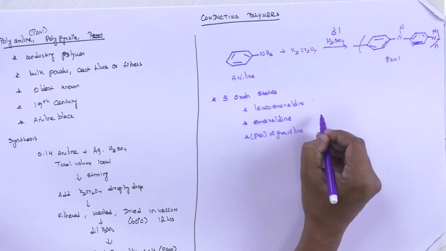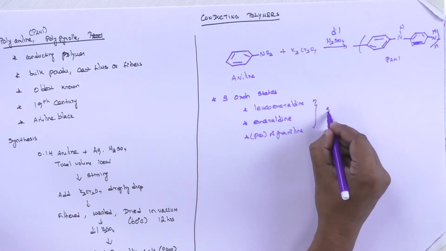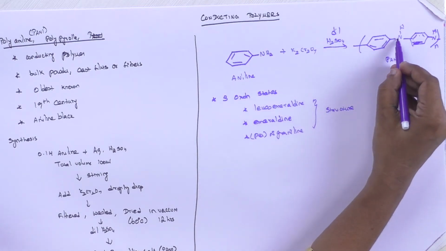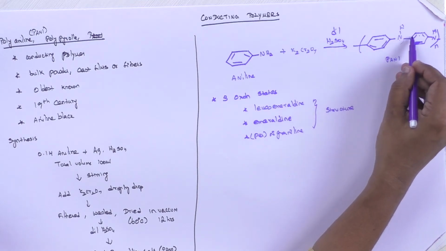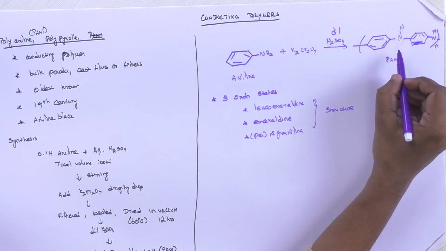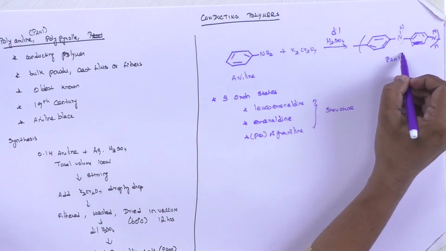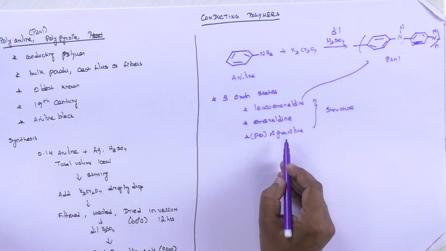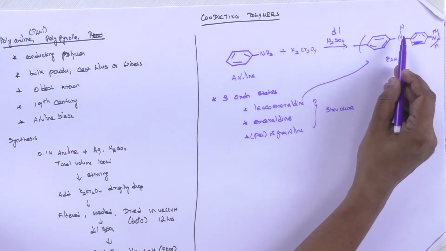You can refer to some good websites for the structures. The only difference is the bonds present. In one form, only nitrogen is present with double bonds; in the other, NH is present, and this form is leucoemeraldine. The structure we have drawn here is leucoemeraldine. The other 2 structures have only nitrogen.